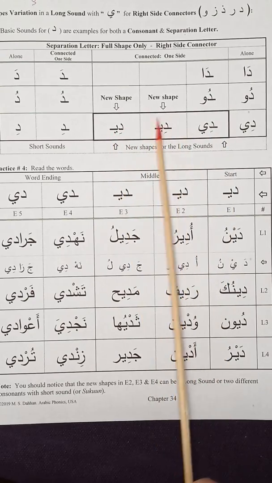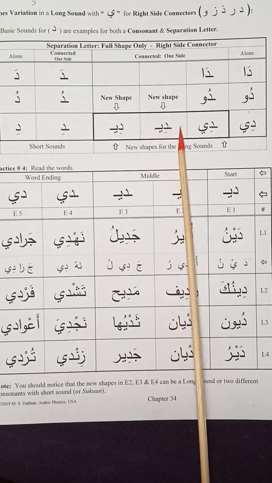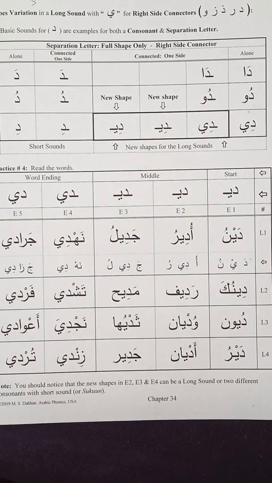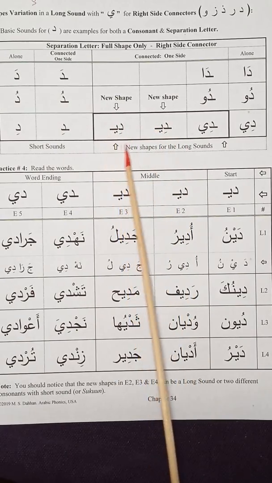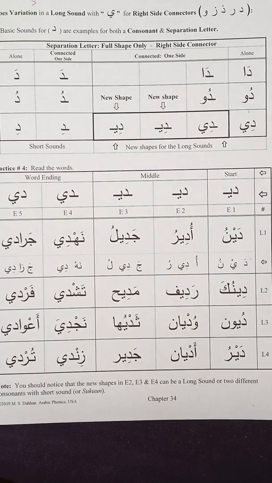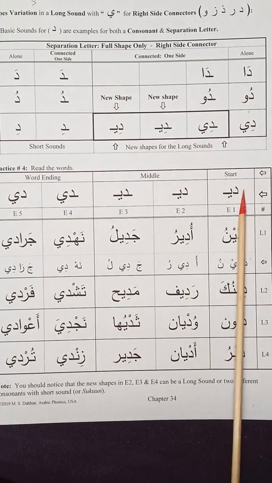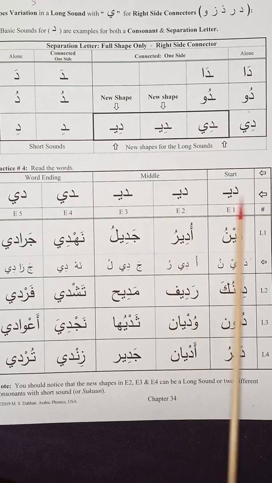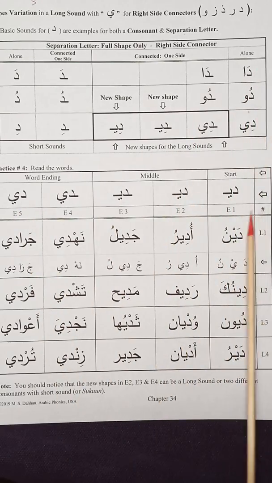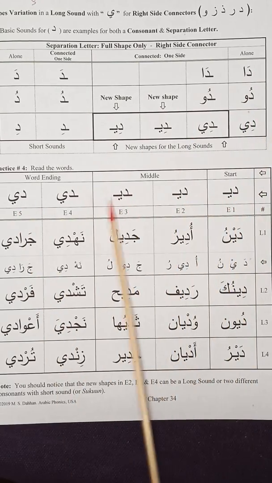So you can see this. Each of them are connected. You did not see this before. That's what we're going to see. And here are all the possibilities in Arabic words, where you see these two letters together.